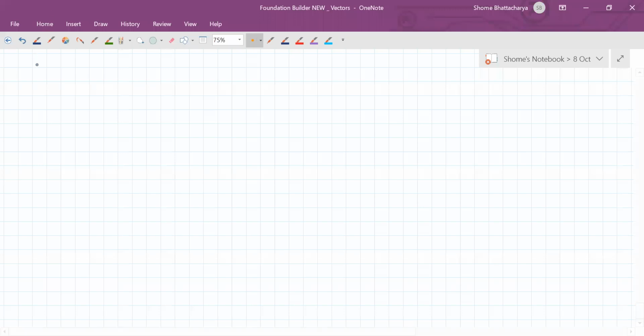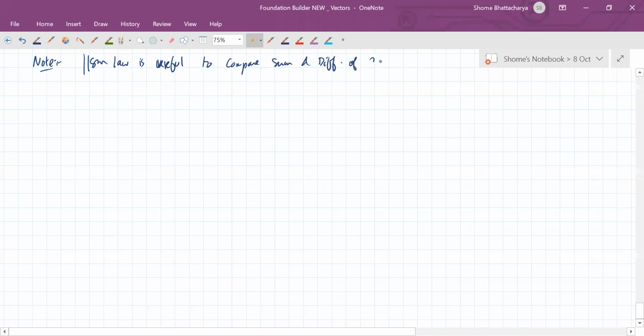Okay, so parallelogram law is useful to compare the sum and difference of two vectors.